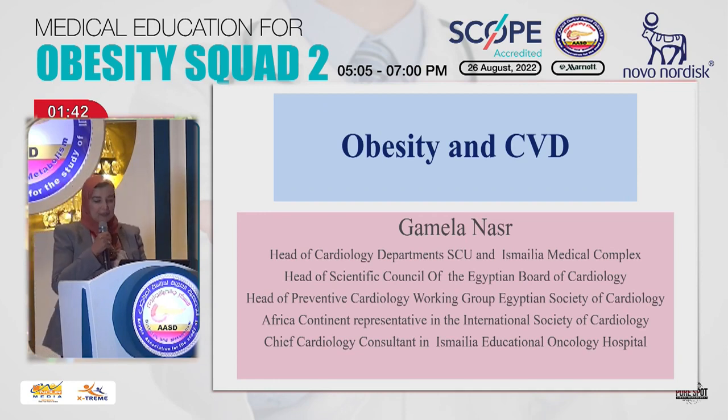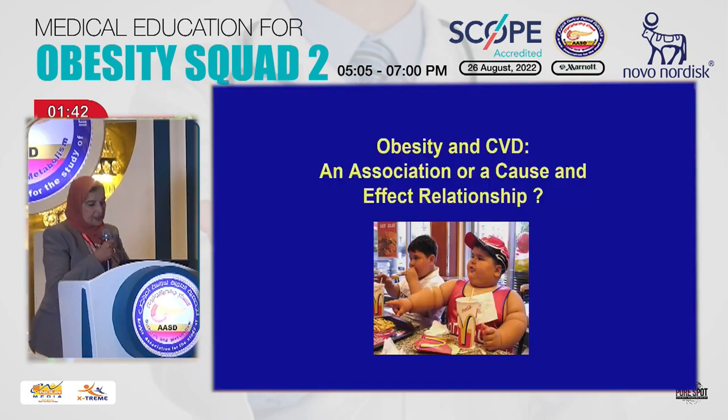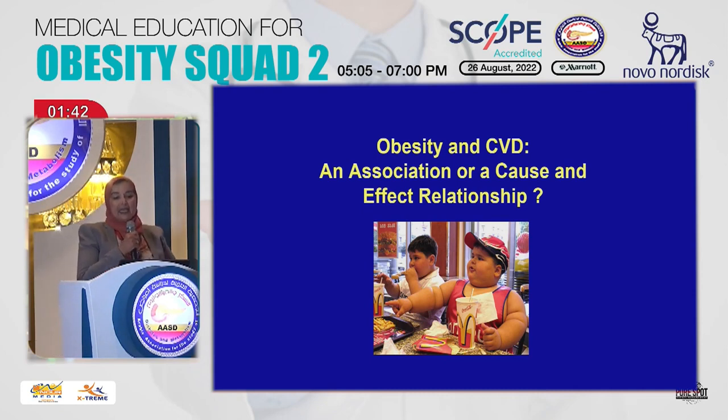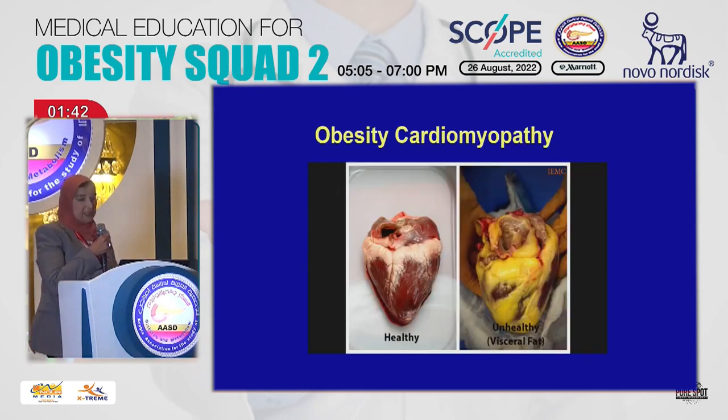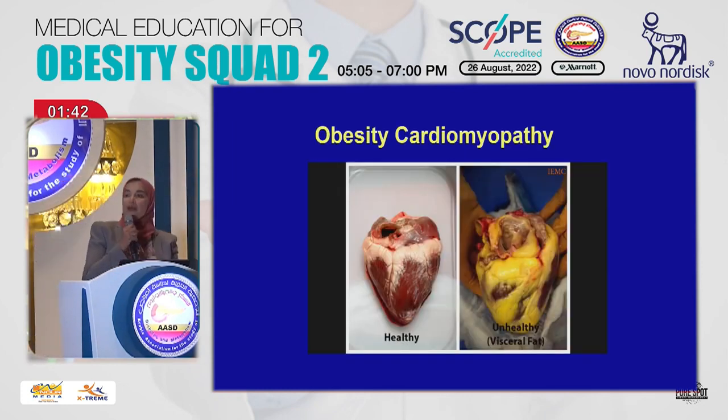My presentation today is about obesity and cardiovascular disease. Obesity is a disease by itself, and it is an association, a cause, or an effect relationship. What does that mean? Now we are talking in cardiology about obesity cardiomyopathy.